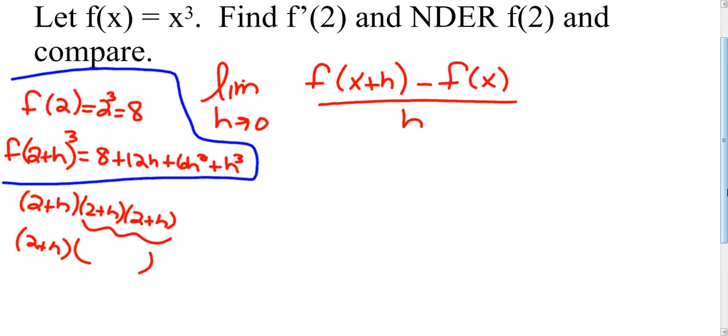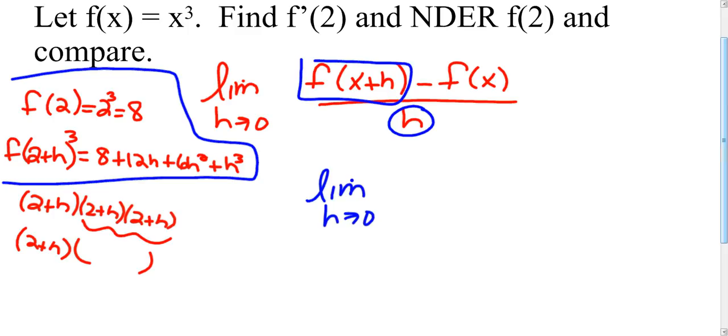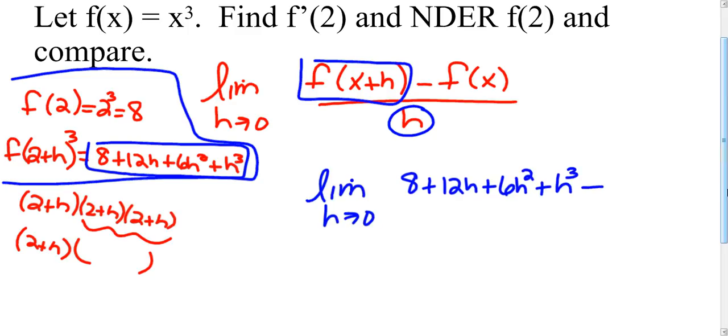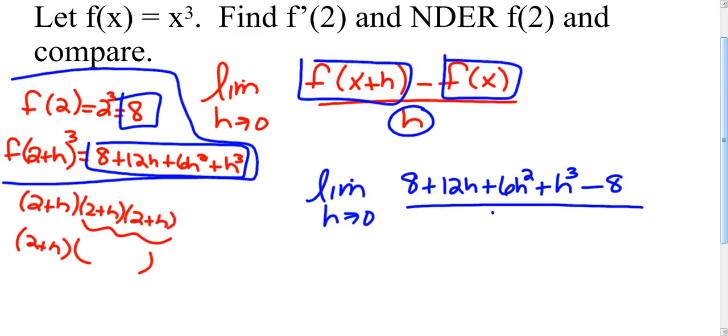Okay, so now what I have is the limit as h approaches 0, and unfortunately I can't put 0 right there because I would have 0 in the denominator. F of x plus h is this quantity right here, so that's 8 plus 12h plus 6h squared plus h cubed, minus f of x, which is 8, all over h.